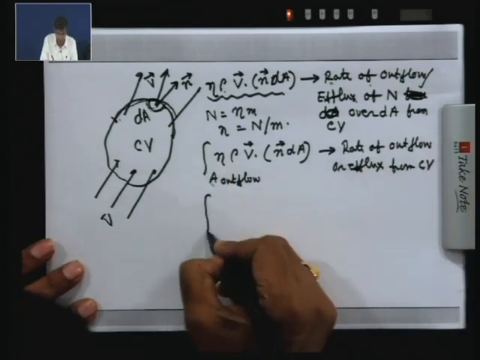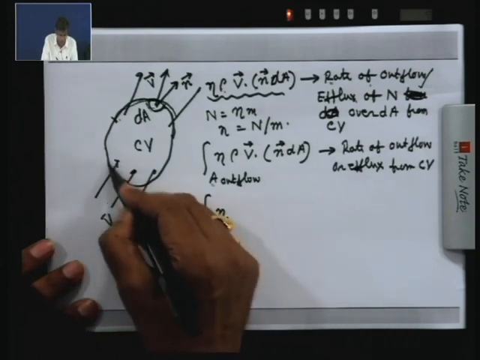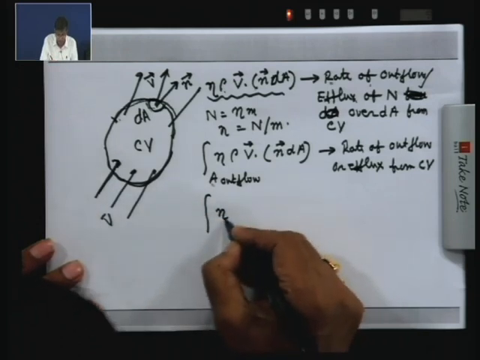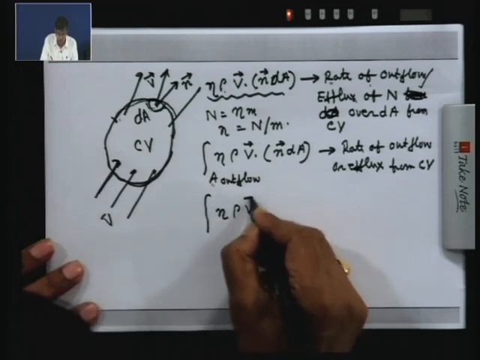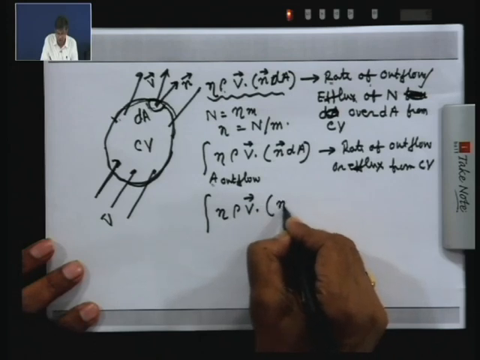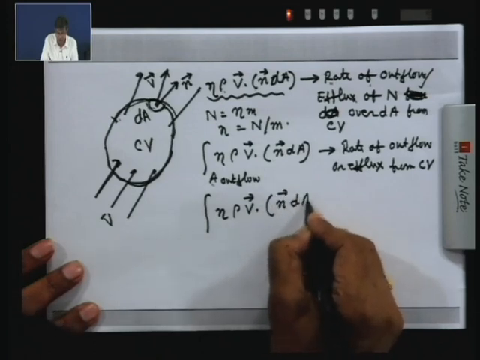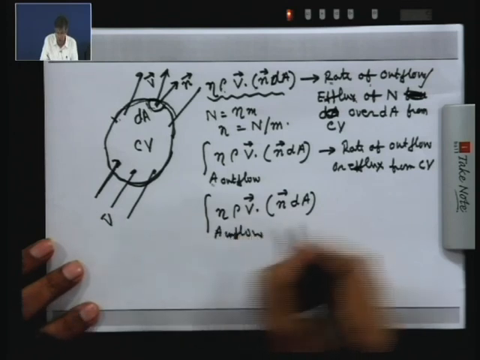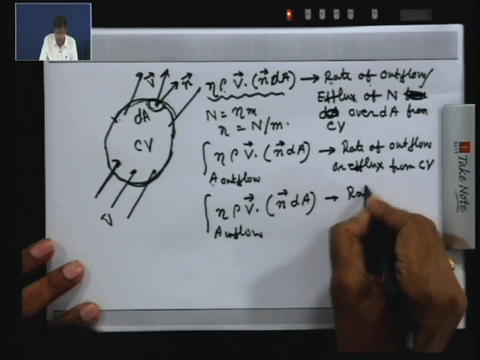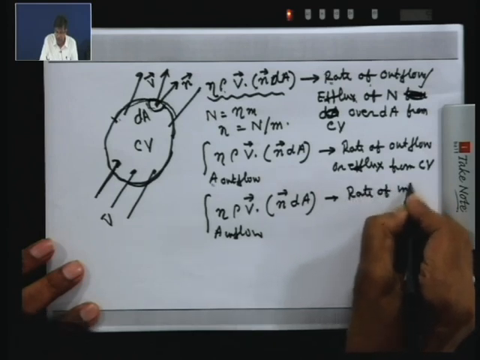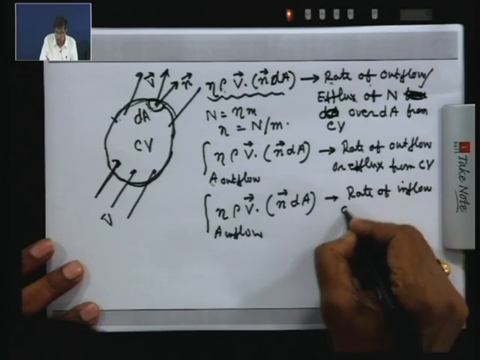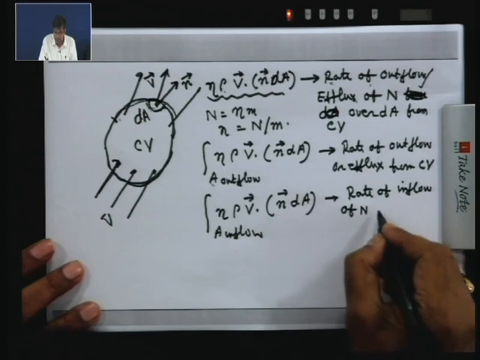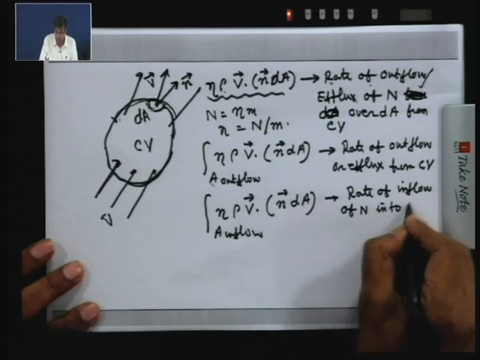Similarly, if we have an inflow area, where things are coming in, then eta into rho into v dot n dA over the inflow area will tell you the rate of inflow, or influx, of the property n into the CV.